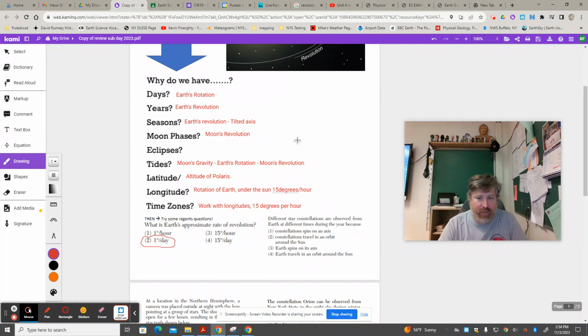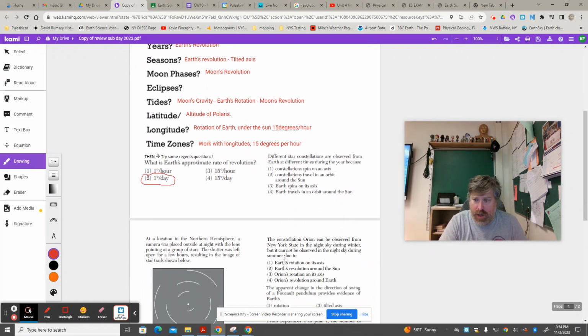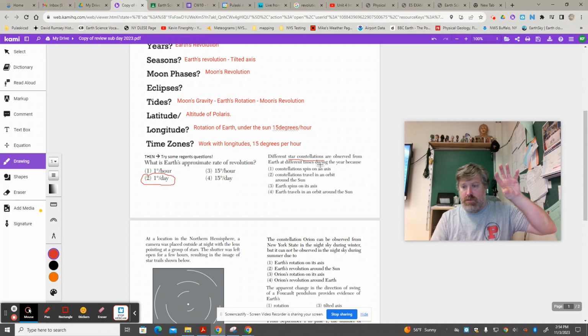We know we spin or rotate because of Foucault's pendulum and the Coriolis effect. We know we orbit because of seasonal constellations. So star constellations being in different spots, that's going to be because of our orbit.